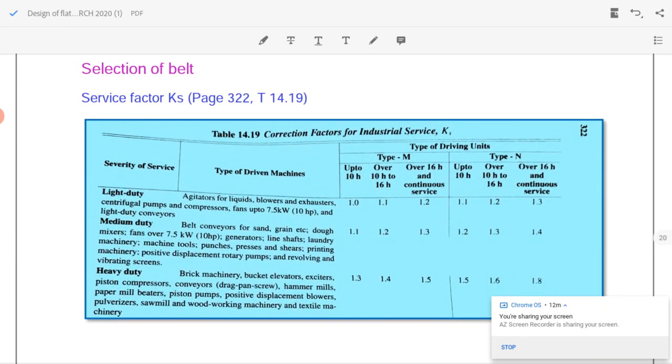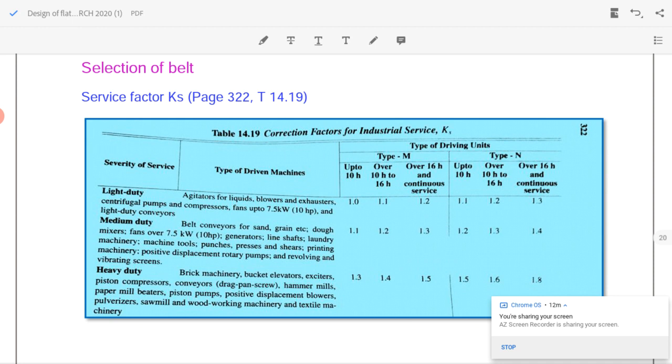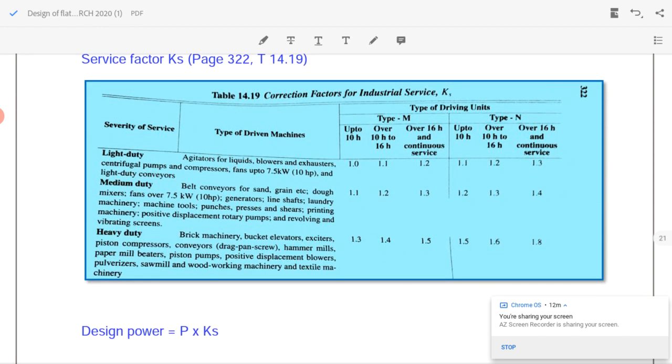Now we have to select the type of belt. There are different types: light duty, medium duty, heavy duty. Our required power was 10 kilowatts. So we should find whether there is any wording related to kilowatts or applications.